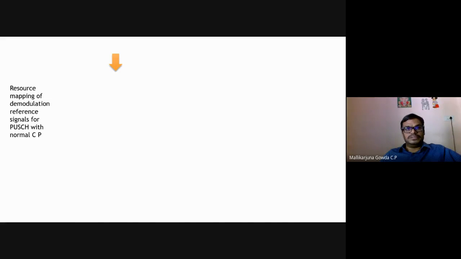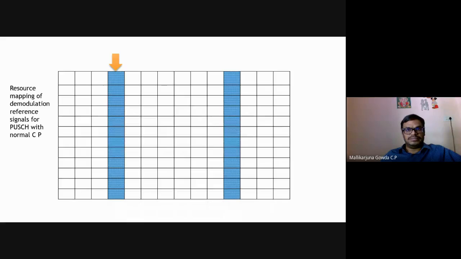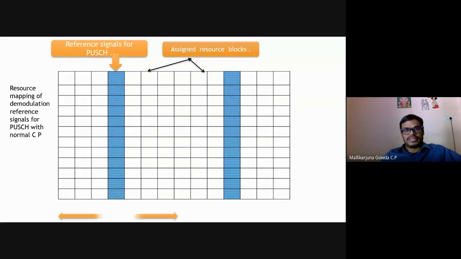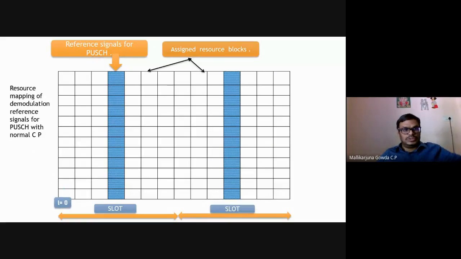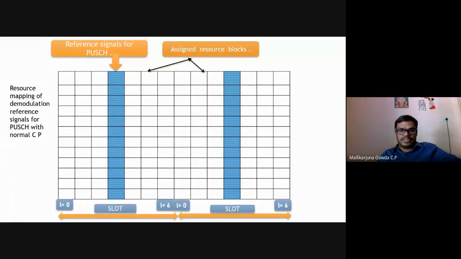If I take this as my grid cell, there are two slots, starting from l equal to 0 onwards, and I have two PRBs.